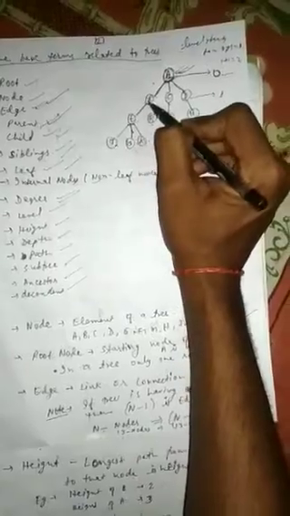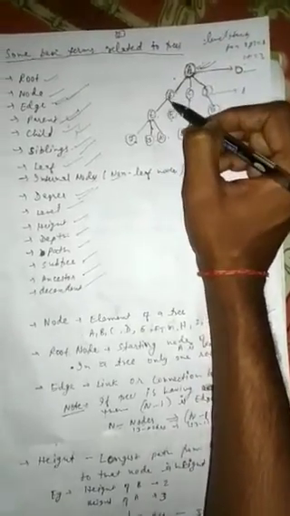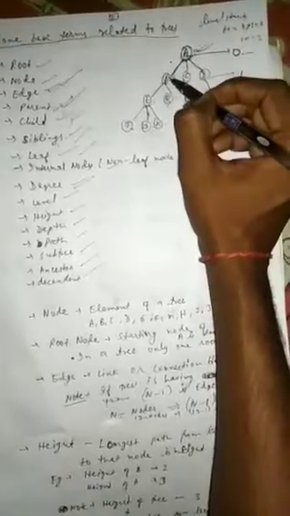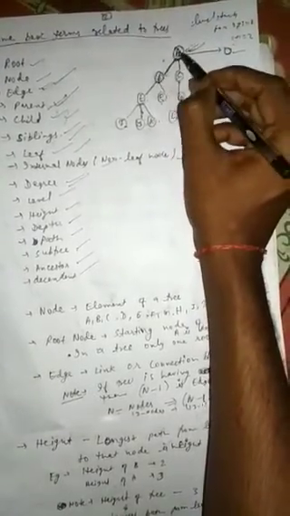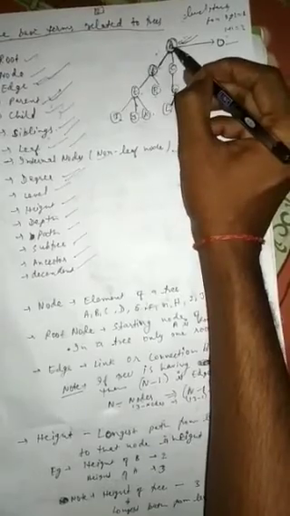Okay, then we see height. What is the height of a tree? Height is the longest path from a leaf node to that node. Where is the longest path? If we take B, what is the longest path from the leaf node to that node?